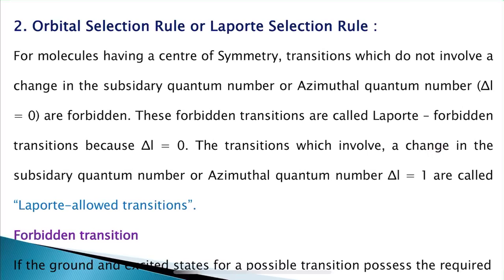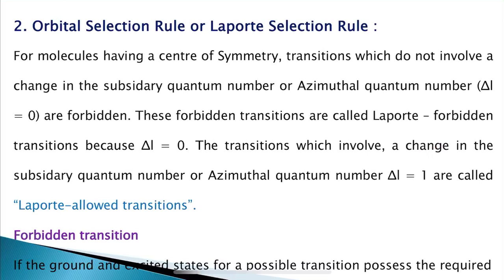Only transitions which involve a change in the subsidiary or azimuthal quantum number are allowed, and those are called Laporte allowed transitions. This is the second type of selection rule we have to concentrate on.